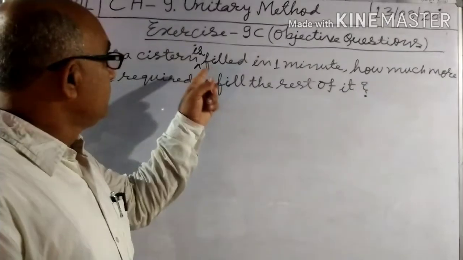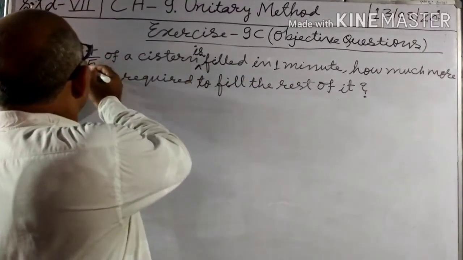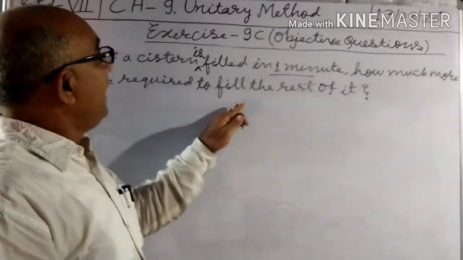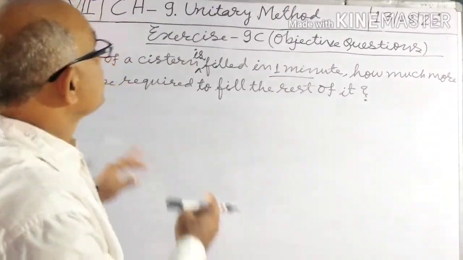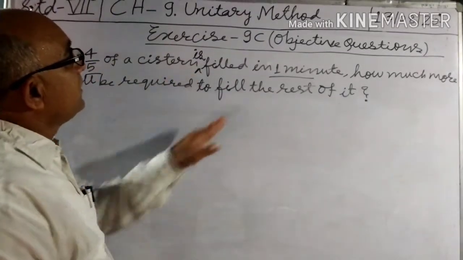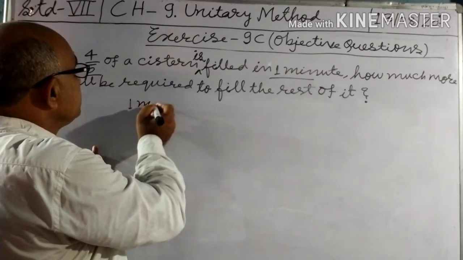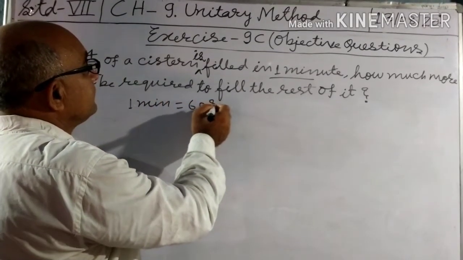Next question is question number 5. If 4 by 5 of a cistern is filled in 1 minute, how much more time will be required to fill the rest of it? So 4 by 5 of the cistern is filled in 1 minute, which means 60 seconds.